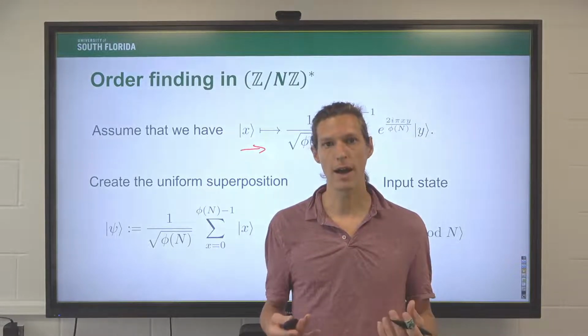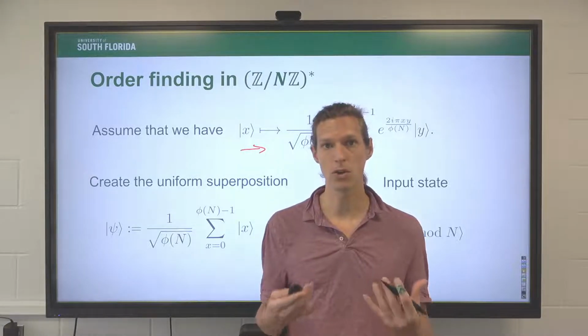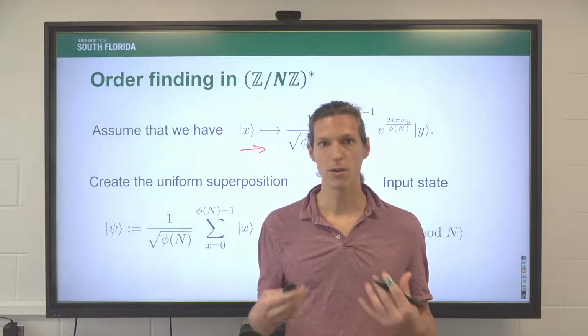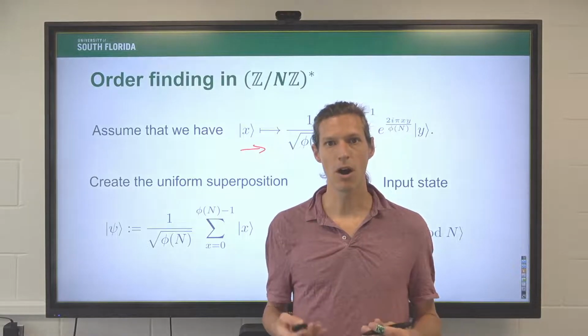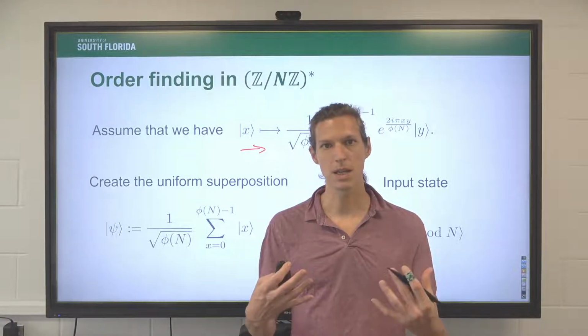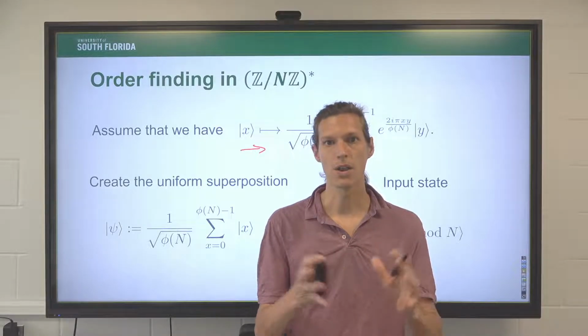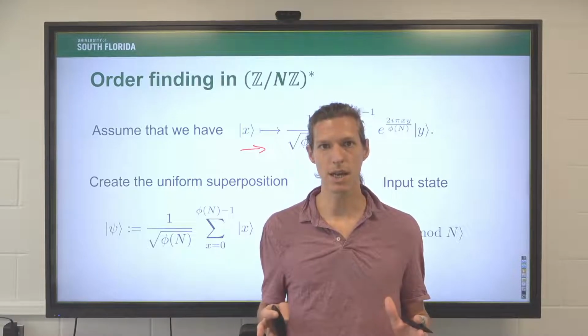If we know phi of n, considering all the ways that we know how to compute phi of n, these would require the factorization of n. So this is more of an artifact. This first half of the presentation is more of an artifact to show you how Shor's algorithm would work in an ideal case.